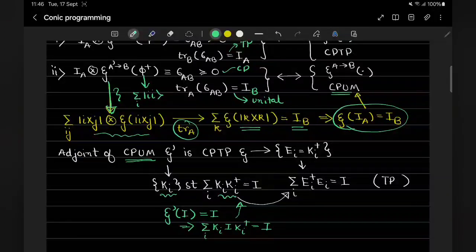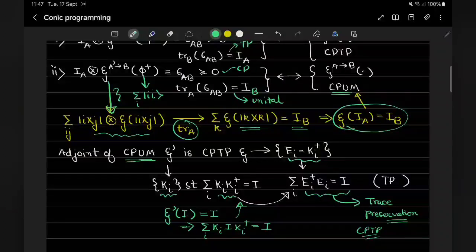And if you take the adjoint, it is like taking the Hermitian conjugate of each of the Kraus operators, and this gives us a new operator E_i. Now the sum of E_i dagger E_i is identity. So this is the condition of trace preserving in the case of CPTP maps.